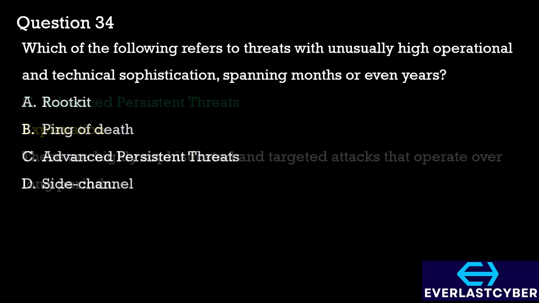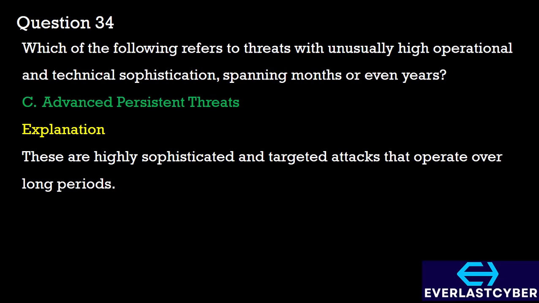For this, we'll be going with option C. Advanced persistent threats, or APTs, are highly sophisticated and targeted attacks that operate over a long period of time. It usually involves multiple stages, including infiltration, internal reconnaissance, and data exfiltration, and it is designed to remain undetected for an extended period of time.